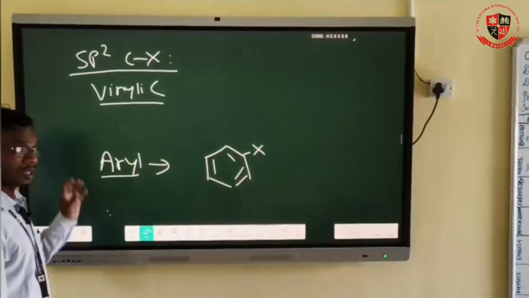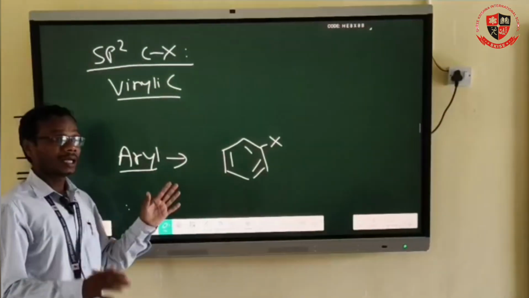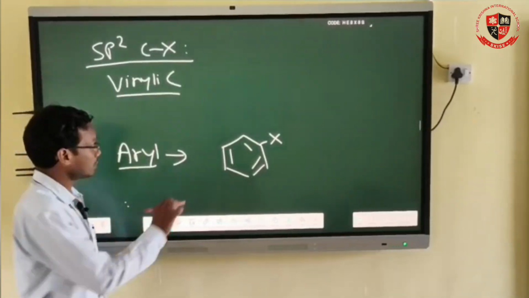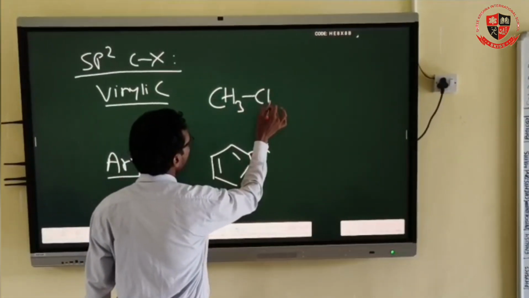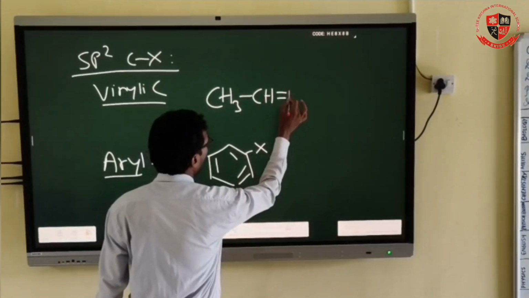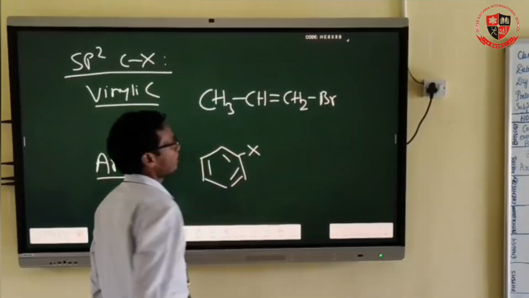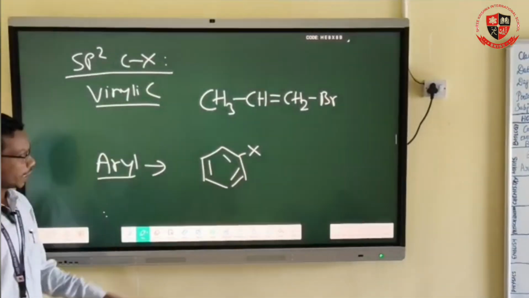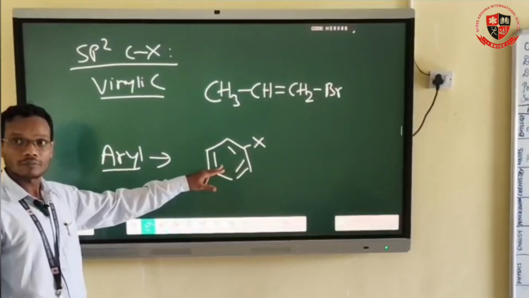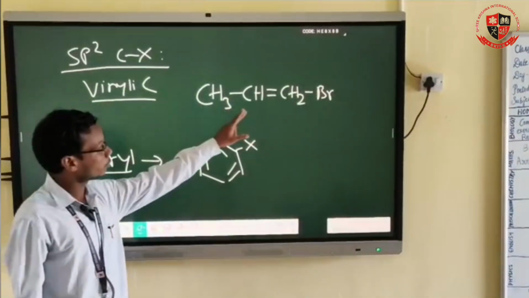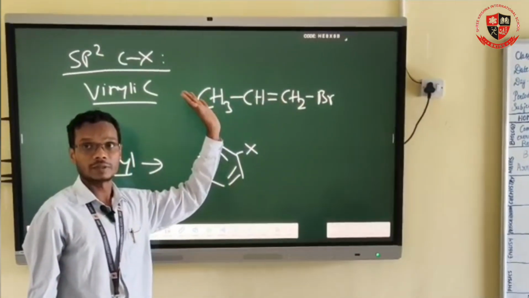When the halogen is in contact with a simple chain. Simple chain means, suppose, CH3CH=CHBr. In this condition, a benzene ring is aryl, but if the halogen comes in direct contact with your aliphatic chain, it is vinylic.